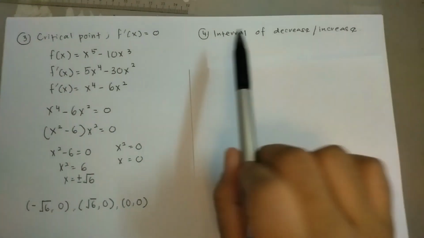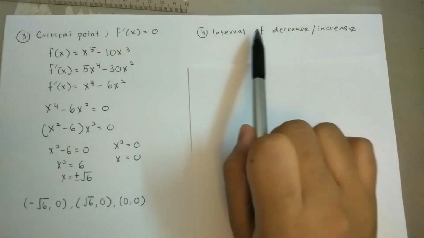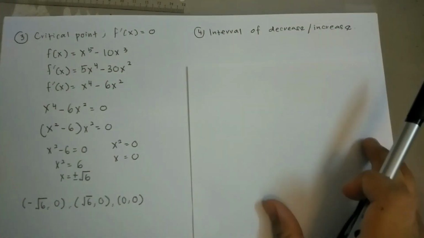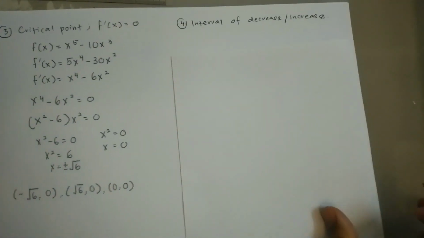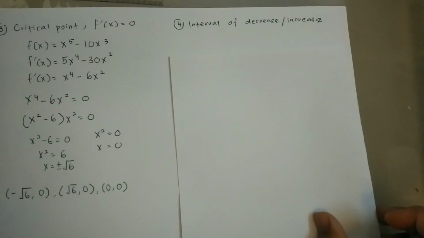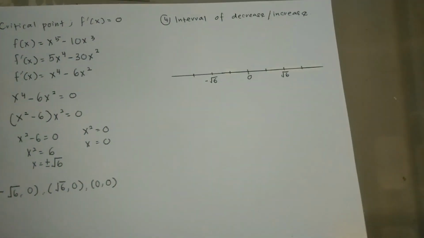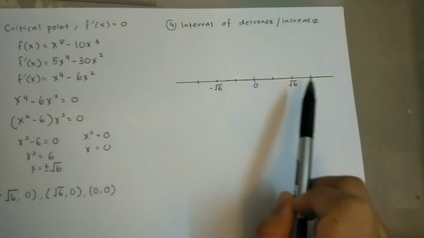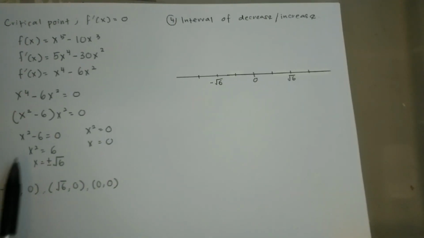Okay, next, we must find the interval of decrease or increase of the equation. So we will draw a line so that it is easy to plot. So this is the line, and this is the critical point where we got from here.